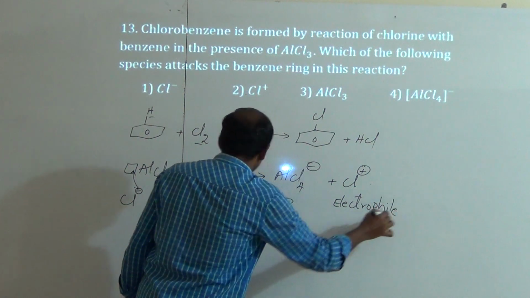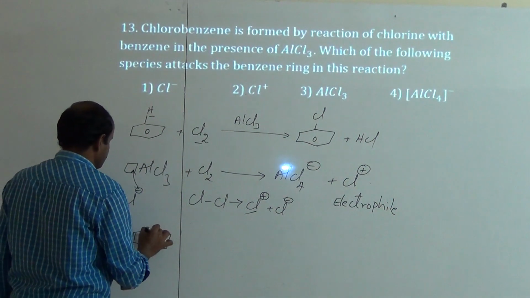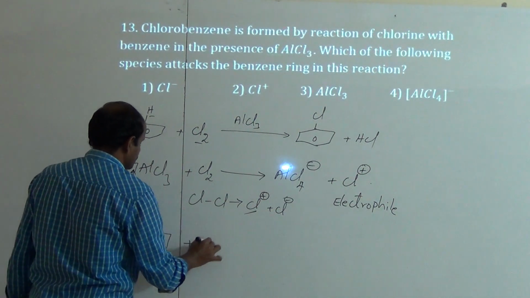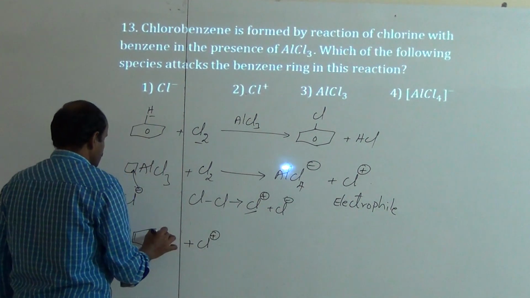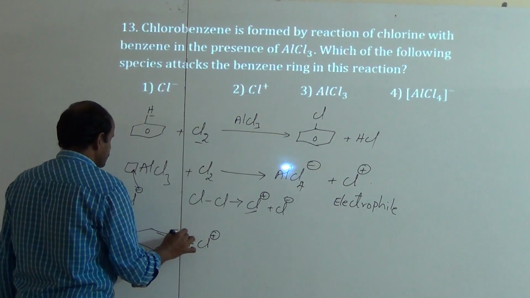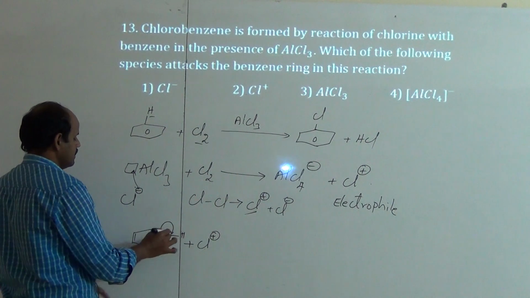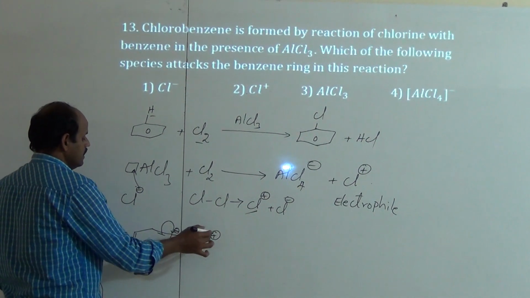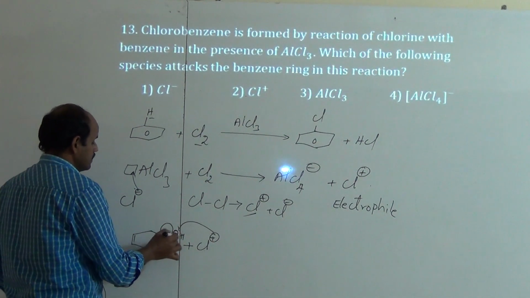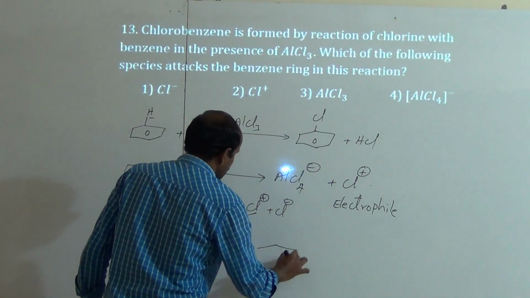This electrophile Cl plus attacks this benzene. Already hydrogen is there. If this pair of electrons shifts onto this one, then this carbon gets a negative charge. Then this positive charge can attack on this negatively charged carbon.